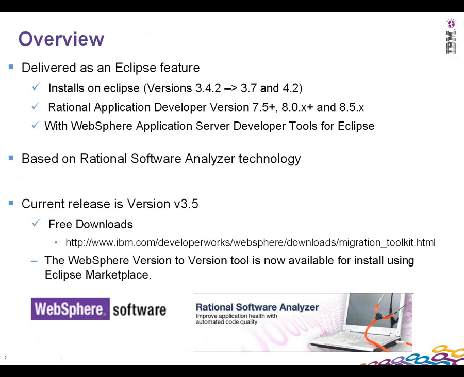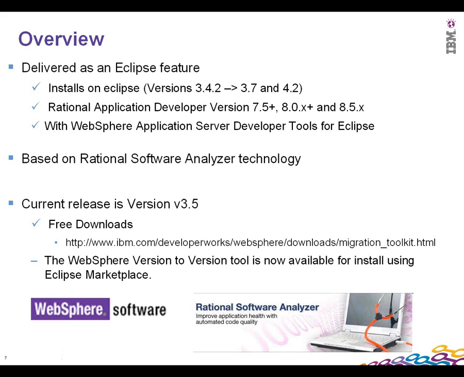So I'm moving on to slide number 7. This talks about how the toolkit does its magic. Basically the underlying technology is Rational Software Analyzer technology, again a powerful technology from IBM, which scans through the whole code, understands the code very intelligently, and also recommends suggestions and best practices.